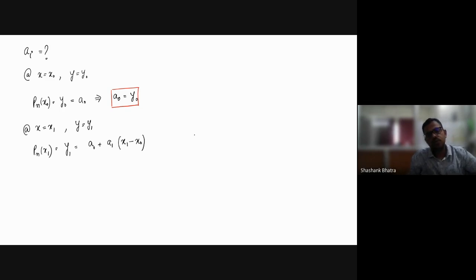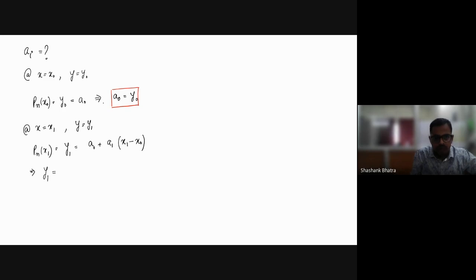All other terms will boil down to 0, because in the next term it will be x1 minus x1. So as the product term, you will be having x1 minus x1, which is 0. So ultimately, all the other terms will be 0. Here, I can further write it down as y1. What is y1?